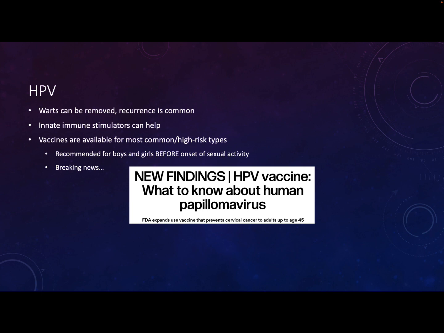It prevents cervical cancer in adults up to the age of 45. So it's now FDA approved for men and women up to the age of 45, because maybe you already have the virus, but the vaccine can help keep it under control and from developing cervical cancer.